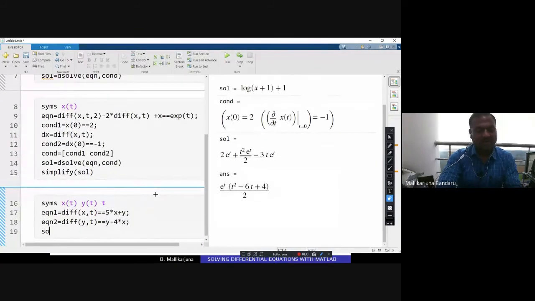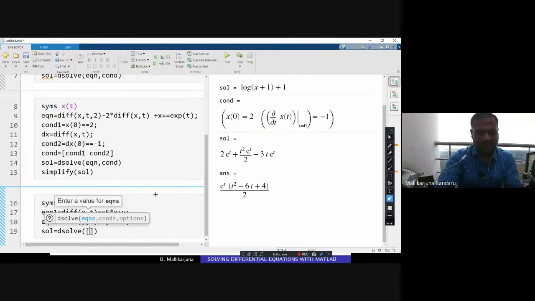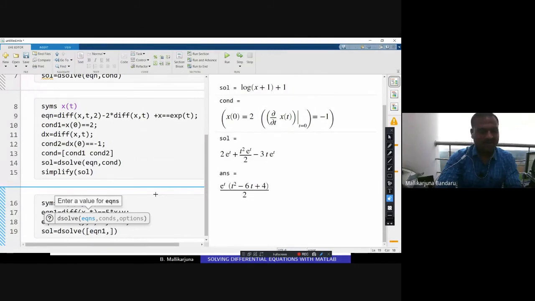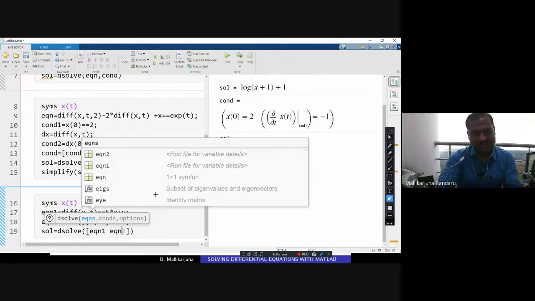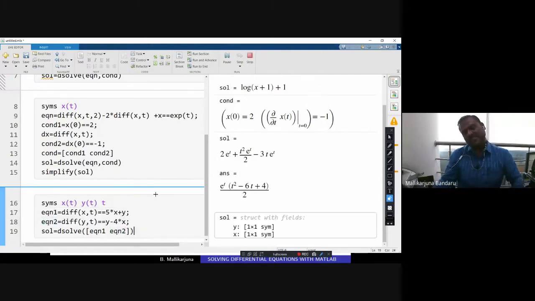Now the solution is equal to dsolve of equation 1, equation 2. This is the syntax. Is the solution appearing?